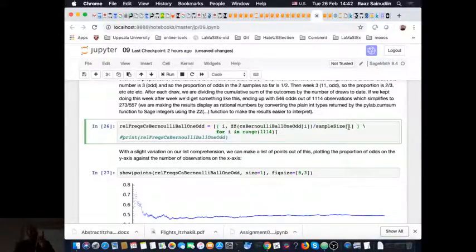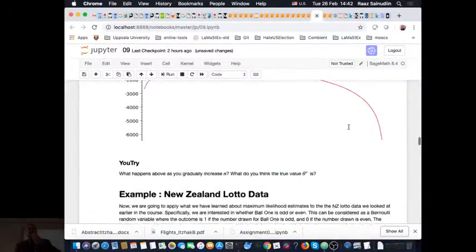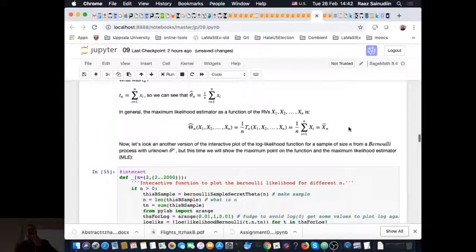Why am I giving it the sample mean? What is the sample mean for the Bernoulli theta trials? It's the maximum likelihood estimator, right? That's what we just derived. So think about this. What was the punchline of all of this?